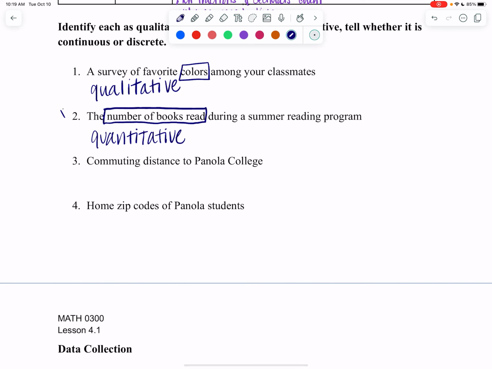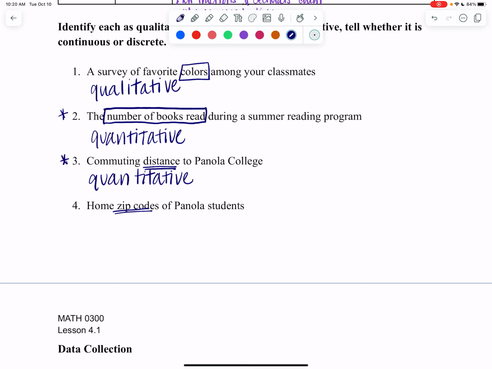And I'm going to put a little star back here so that I remember to come back to it. 3 says the commuting distance. Now, you can drive 43.5 miles. That is a number. So this is also quantitative. Zip codes. Oh, we need to come back to 3 also.